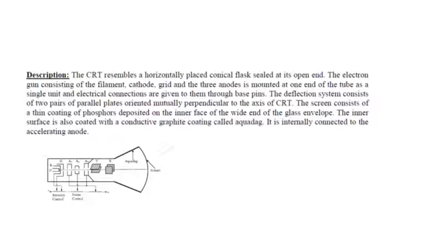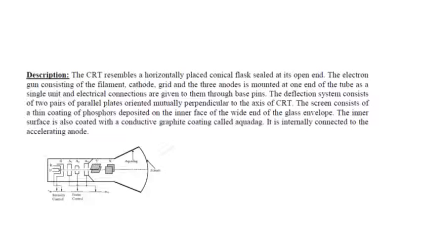This is the first part, the electron gun. This is mounted at one end of the tube as a single unit. The electrical connections are given to them through base pins, already shown in the previous figures, lower side, top, bottom side.